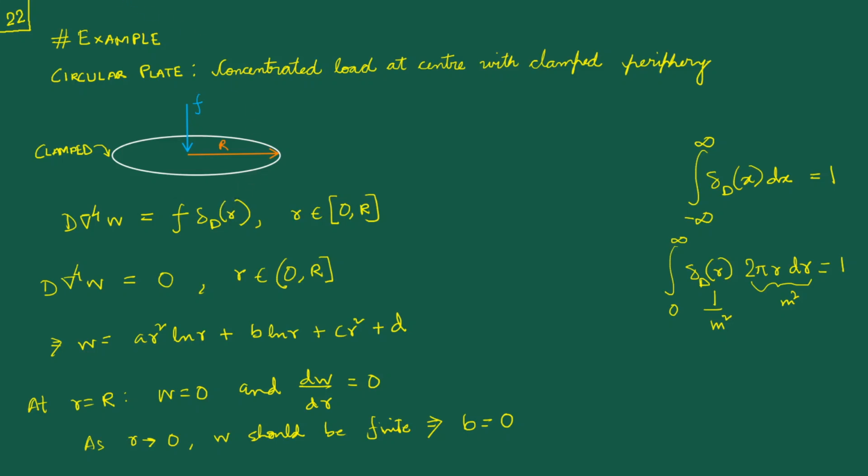Okay. So what we say is, suppose you consider a part of this, a smaller ring, which is concentric with this circle, and let this be of some arbitrary radius r.